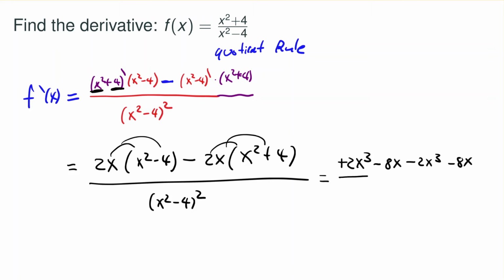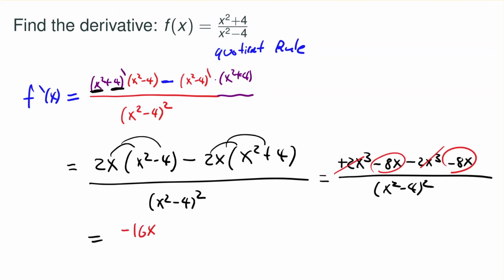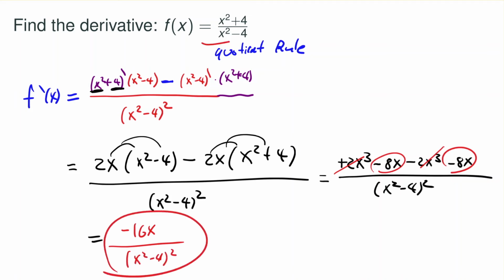Positive here. Over (x squared minus 4) squared. So then these will cancel, but these two will be negative 16x over (x squared minus 4) squared. So this is the derivative of this function.